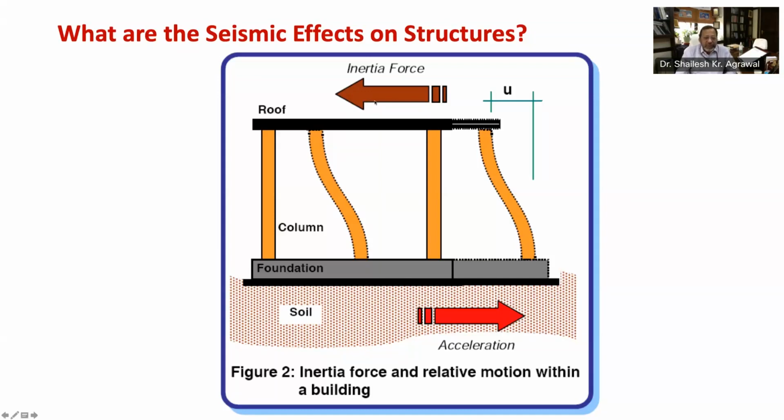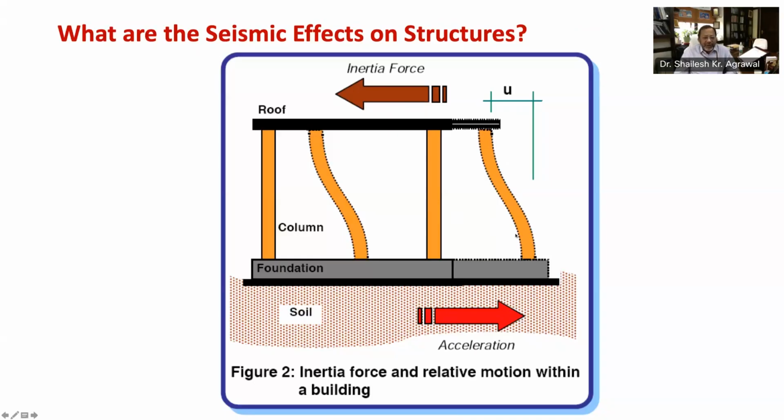This inertia force generated in the roof is to be transferred to the ground through these columns. And this inertia force causes forces in these columns. During shaking, columns also undergo relative movements between their ends, which is shown by the quantity small u in this figure. The larger is the relative displacement, that is u between top and bottom of the column, larger will be the induced force in column.